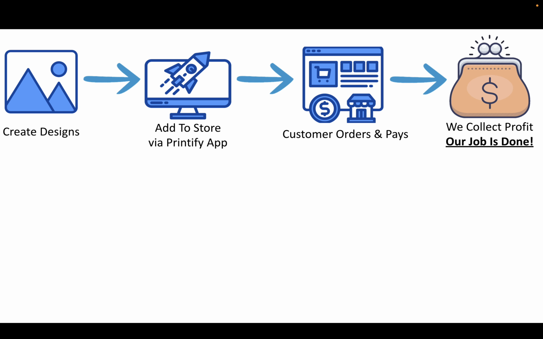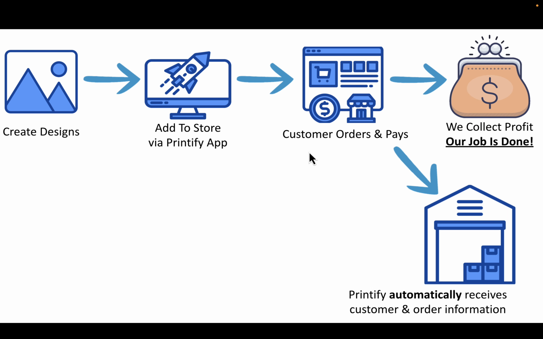All of the hard work typically happens after this stage, but with print on demand, your job is completely done because as soon as a customer orders and pays, we collect our profit and the print on demand partner, Printify, automatically receives the customer and order information. So they get what the customer ordered, what size, what color, what their address is, all that information sent automatically, which means we don't need to pick up the phone or copy and paste anything. It's all automated.